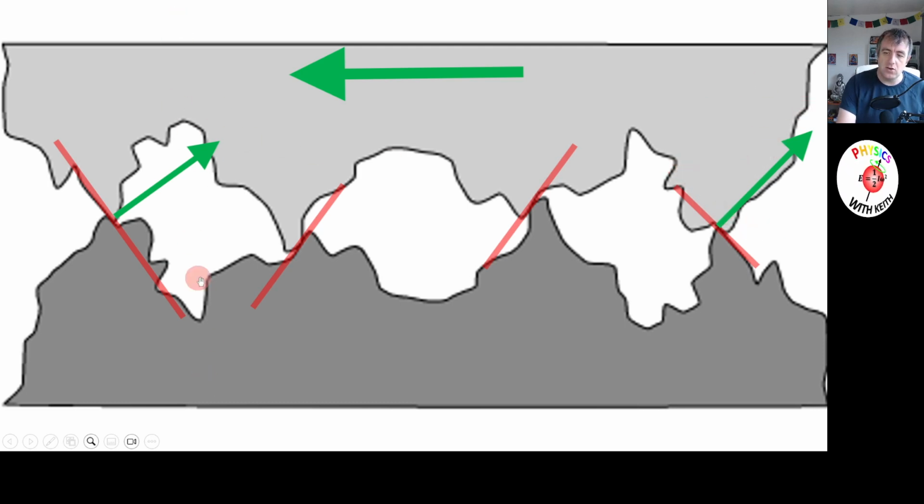Now, ignoring the vertical components of this green arrow, there is a horizontal component too. This green arrow has a horizontal component to the right, as does this green arrow. If I add the horizontal component of this arrow to the horizontal component of this arrow, they will have the same length as the horizontal component of this arrow, which is all of that arrow because it's just a horizontal arrow.